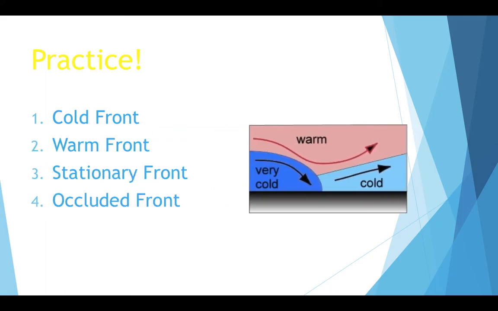We have a cold front pushing the warm air up when that cold front meets another cold front. So this is an occluded front. The way you can remember that is occluded has C, C. So that's a cold front catching up to another cold front. That's a neat trick to remember that one.